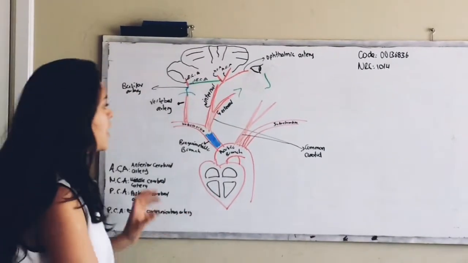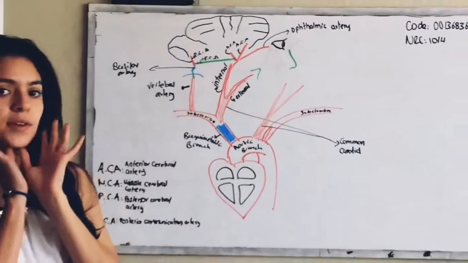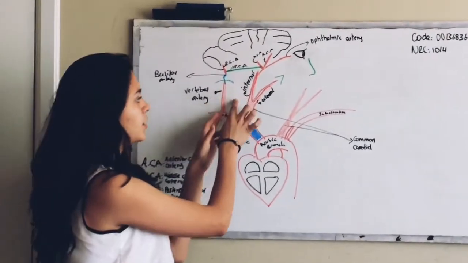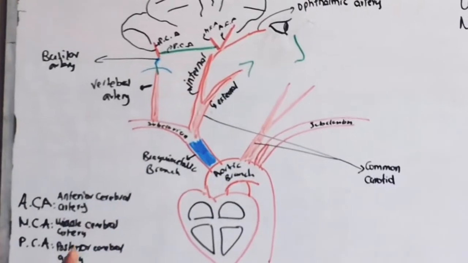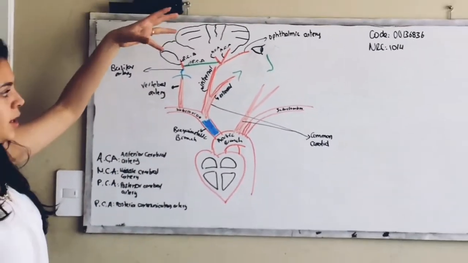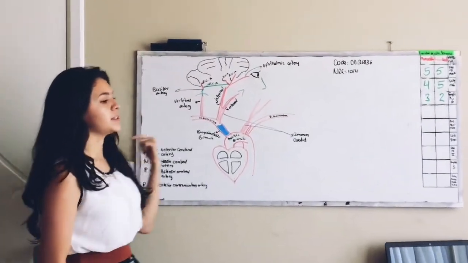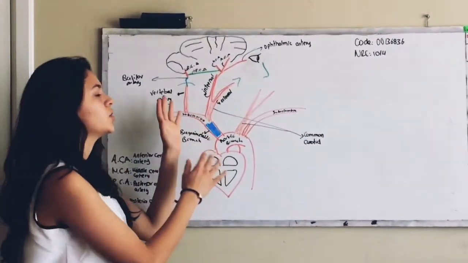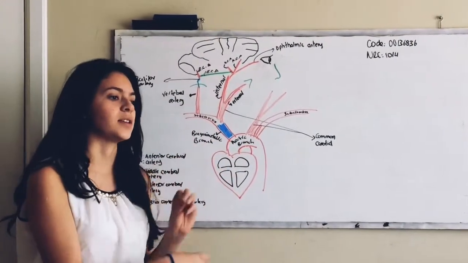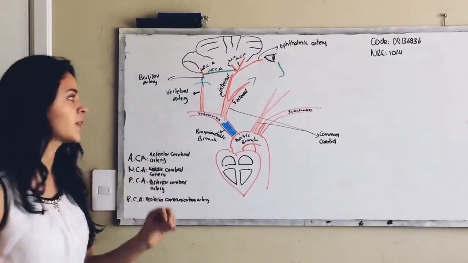The external carotid artery is going to irrigate all the face, and the internal carotid artery is important because this artery is going to enter the cranial fossa of the temporal bone, and is going to divide into other arteries and is going to irrigate the anterior part of the brain.